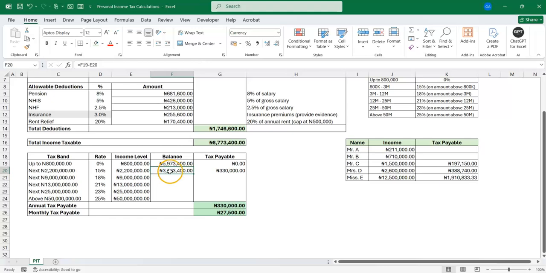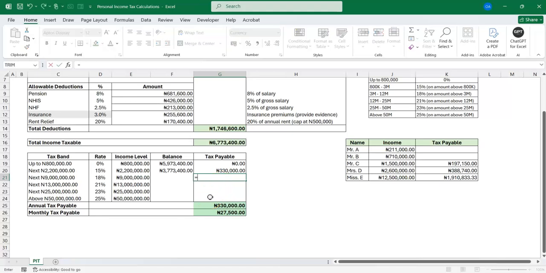So we can see that 3.7 million is actually lesser than 9 million. So we compute the next one based on this amount multiplied by 18%. That's how we compute the next one. So we come here to say equals to this amount times 18%, and then we press enter, and then this is the tax liability, and then we cannot go further again.